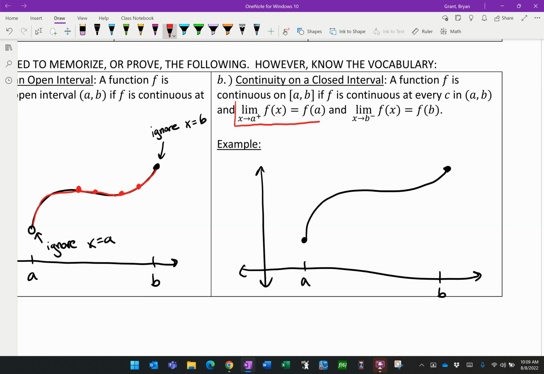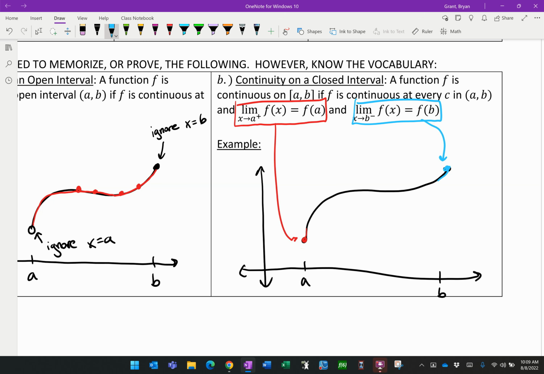As we approach a from the right side, that is like this spot right here, the limit equals the point. And as you approach b from the left side, the limit equals the point. They're basically saying you do not have to pick up your pencil as you sketch from a to b.